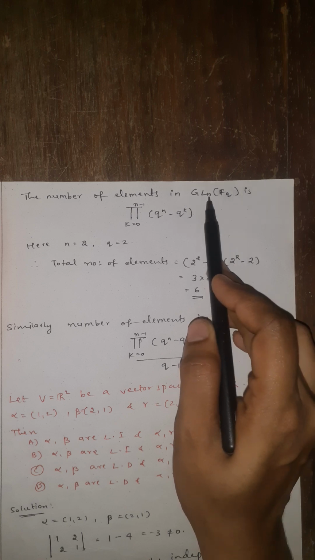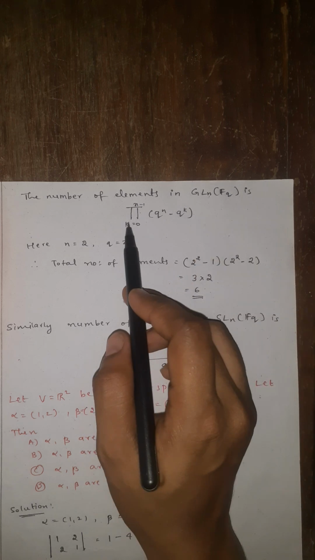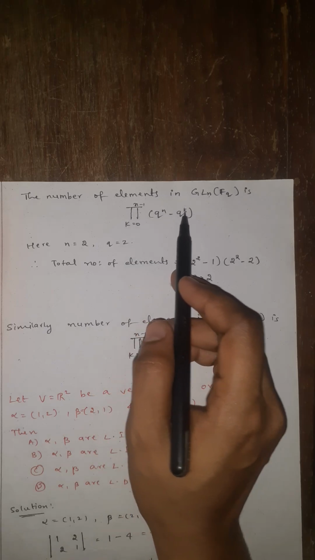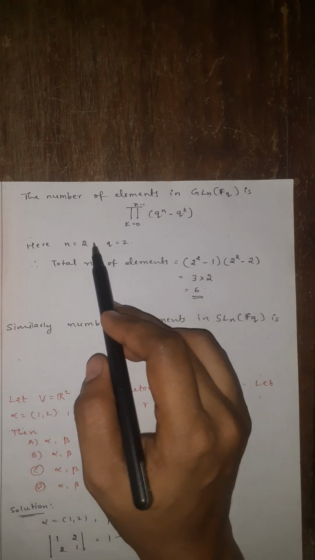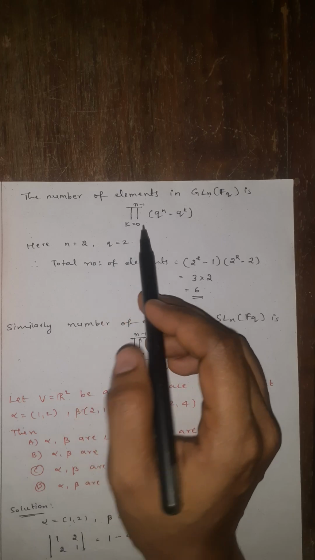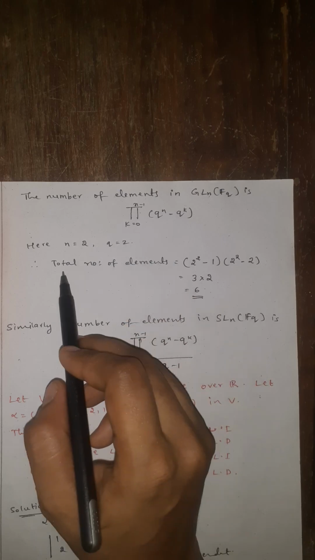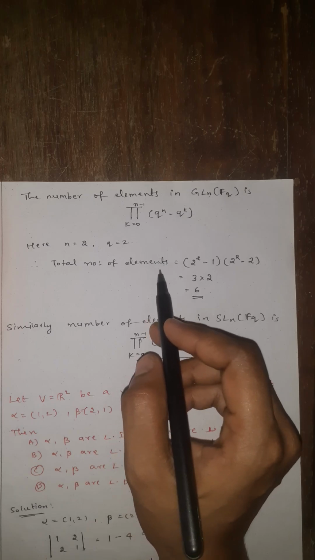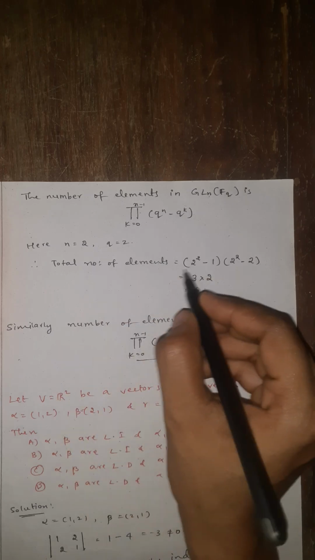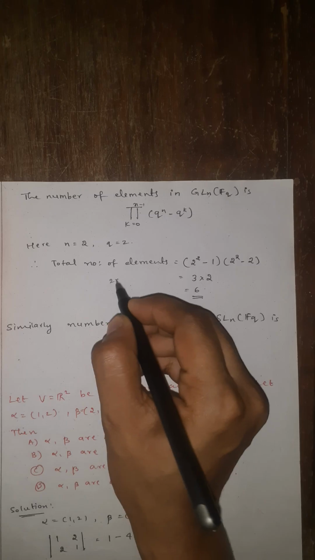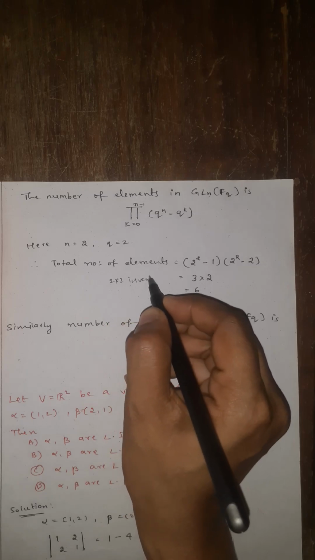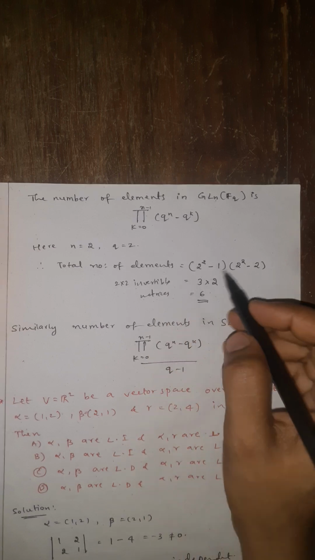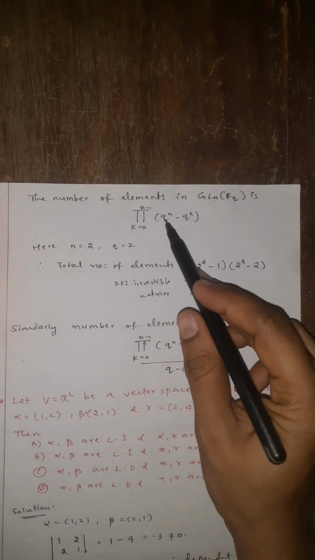and n is the order of the matrix, is given by the product over k equal to 0 to n minus 1 of (q to the power n minus q to the power k). Here n is equal to 2, q is equal to 2. Applying this formula, the total number of 2 by 2 invertible matrices is obtained.